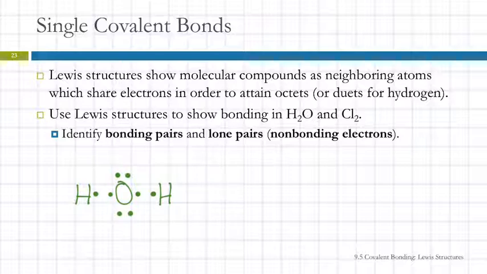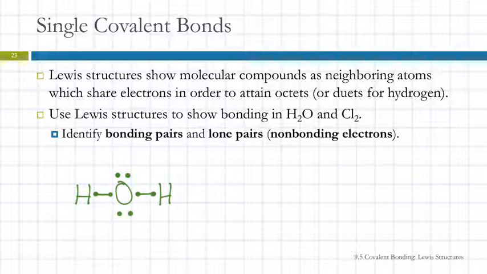So hydrogen is going to share its 1 electron with oxygen, and oxygen's going to share 1 of its electrons with hydrogen. And so what I've done here is I've drawn a line between those 2 dots representing that they're being shared. And then over here, this hydrogen's going to share 1 electron with the oxygen, and the oxygen shares 1 with the hydrogen. And it's all very nice and friendly.